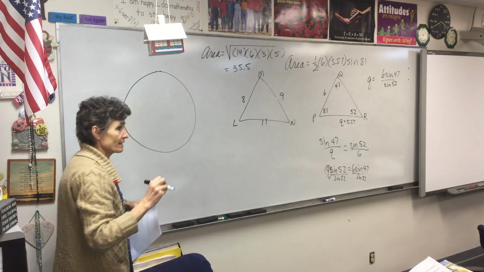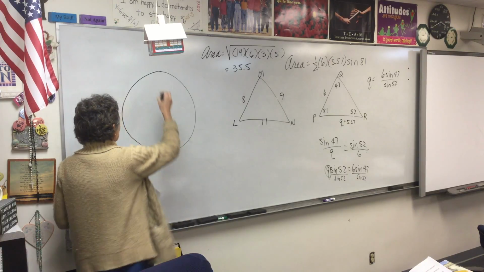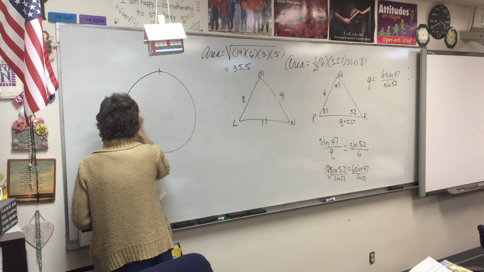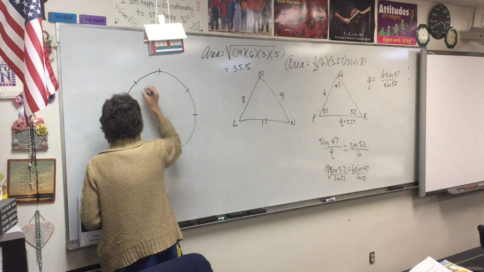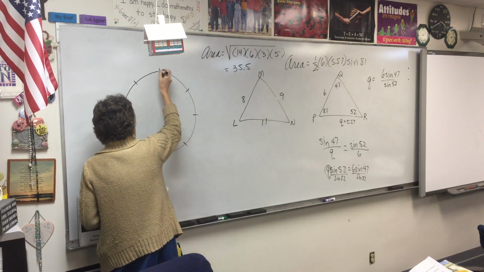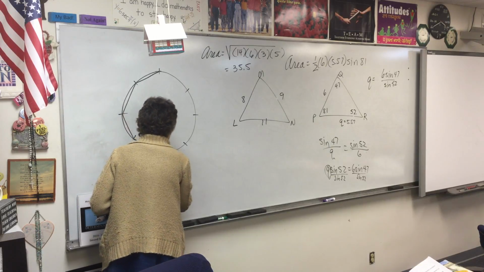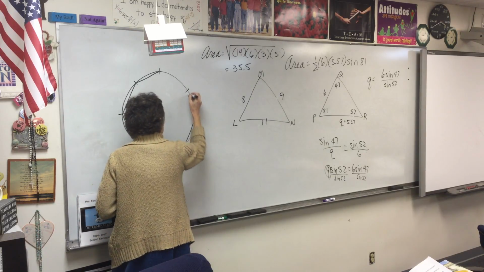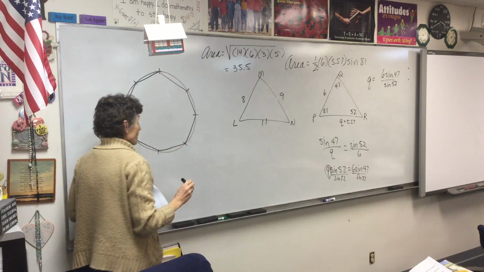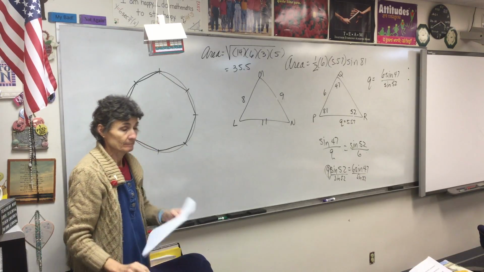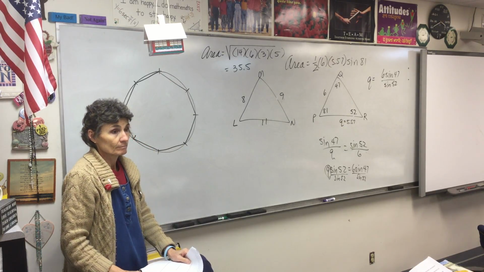What does octagon mean? All right, so let's make 8 marks around this circle, and let's connect those points. And there's my octagon. The radius is 12.